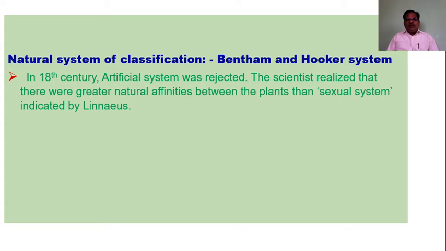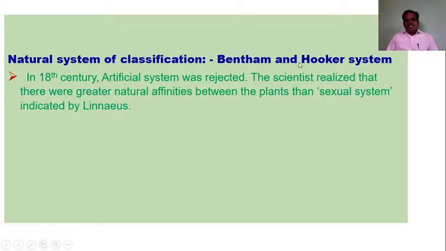Due to the lack of information, the artificial system was rejected, and at that time the scientists realized that there were greater natural affinities or relationships between plants than the sexual system indicated by Linnaeus. As I told you, Linnaeus gave information on the number of stamens, that is the sexual system: number of stamens, color of the flower.